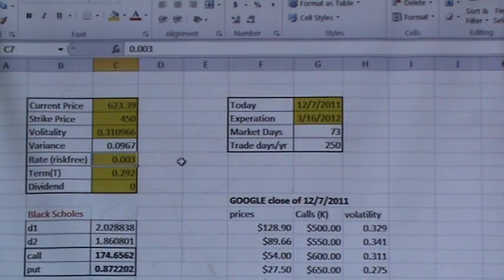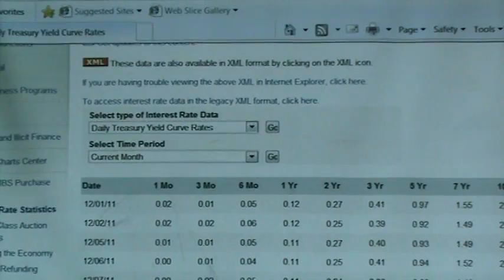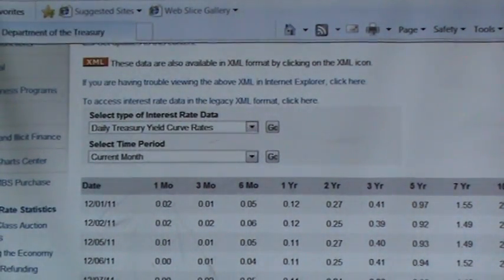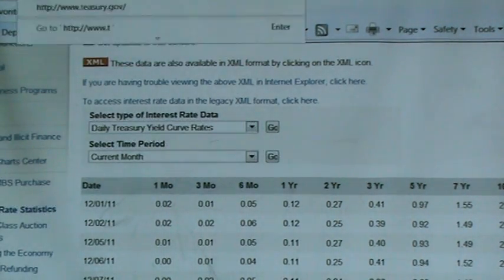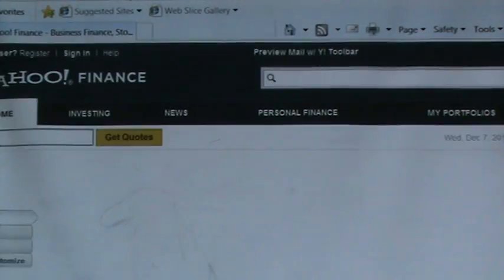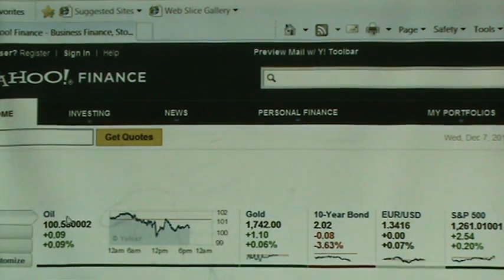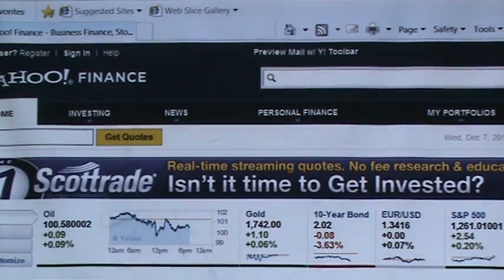Okay, and then if we just go out and get real live market data, we go to Google Finance or Yahoo, finance.yahoo.com. It seems to be a popular place where people go for data.